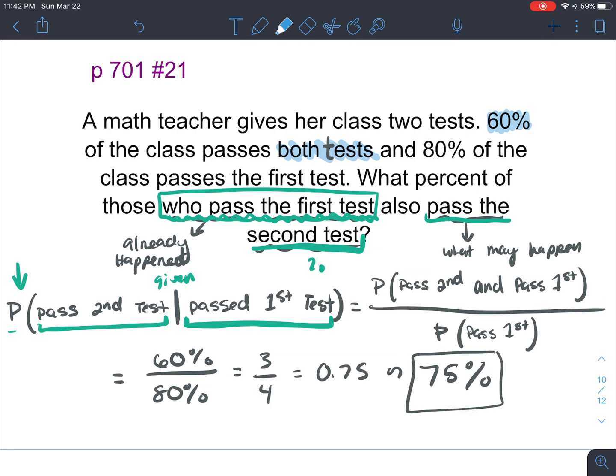So that satisfies passed second and first. That is my numerator. Then it says 80% of the class passed the first test. That satisfies my denominator. When I reduce it, I find that that becomes 3 over 4, which is 75%. Okay, 75%.